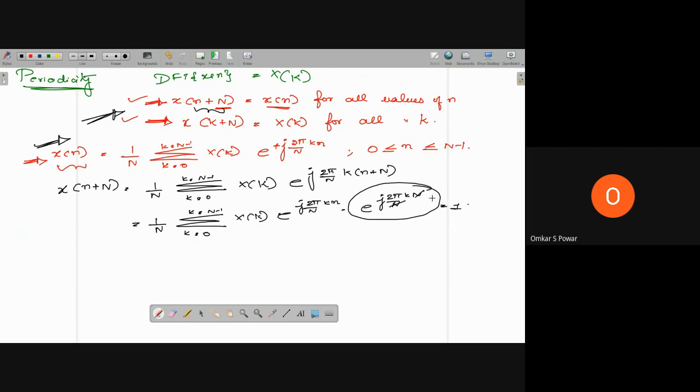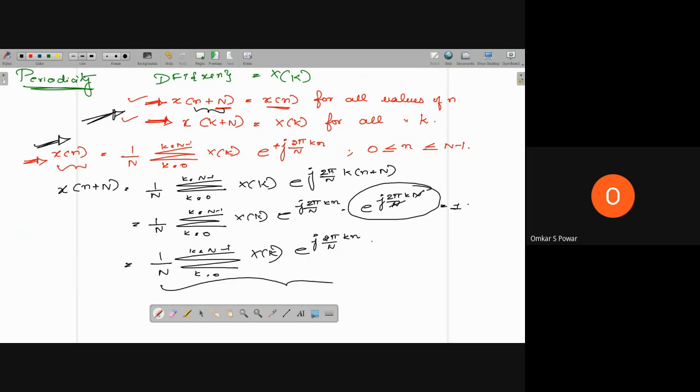So what is remaining there? 1 by N summation k varies from 0 to N minus 1 X of k e power j 2 pi by N into kn. Okay.